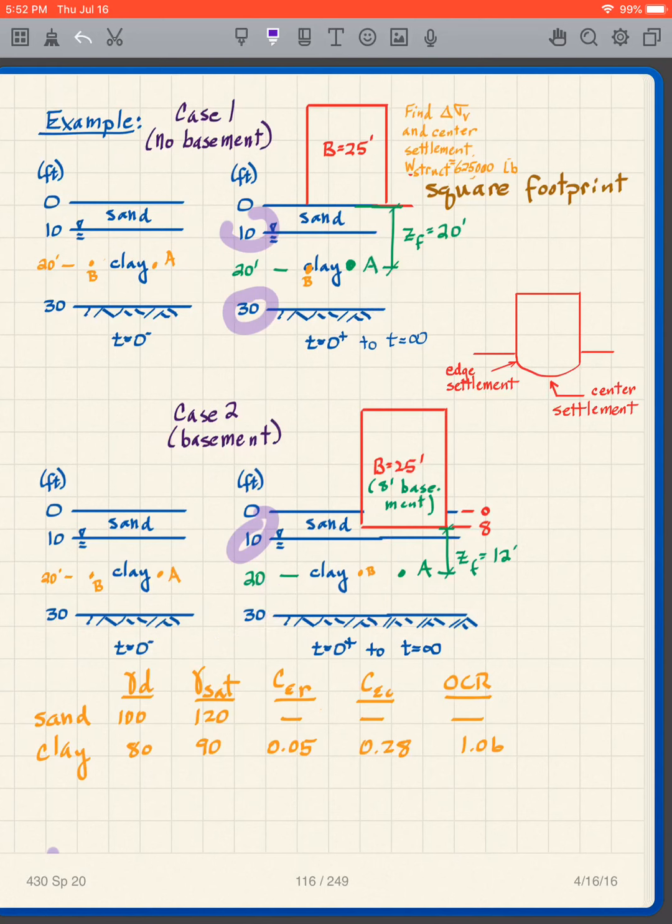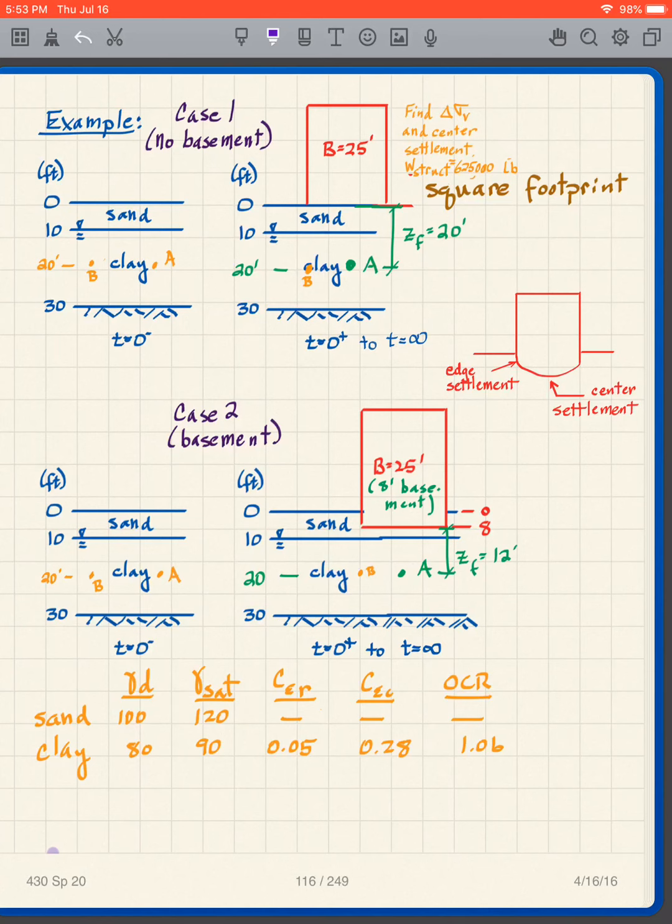And I want my point of interest at the center of that clay layer. So halfway between 10 and 30 is 20 feet down also by coincidence. So I'm going to have ultimately 2 points of interest. One below the center of the structure, one below the edge of the structure at 20 feet. So it's important to establish your points of interest so you do your calculations correctly.